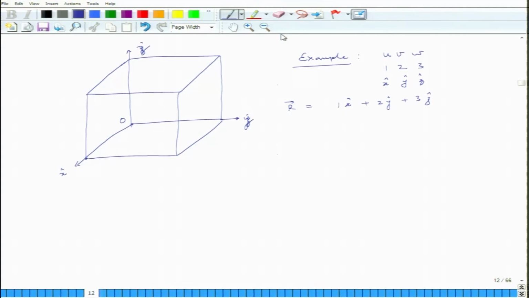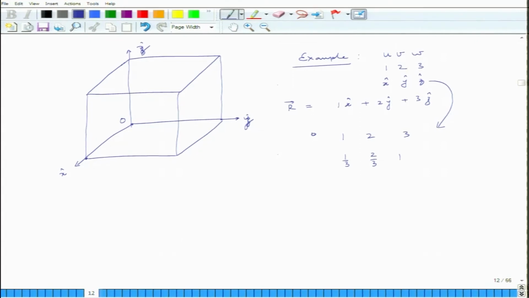That is not desirable. What I can do instead is convert these back: if I have 1, 2, 3, I divide by the largest integer, which is 3, giving 1 by 3, 2 by 3 and 1.